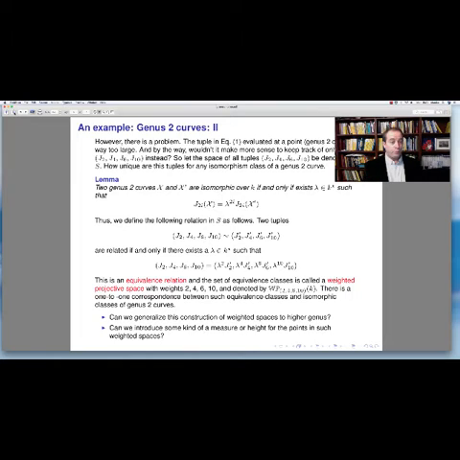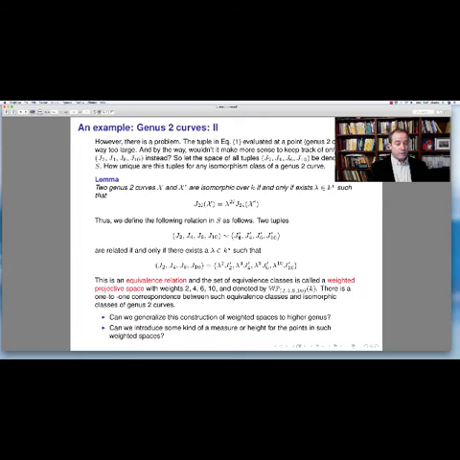Two curves of genus 2 are isomorphic if and only if the Igusa arithmetic invariants satisfy the following property for some lambda non-zero number. So basically we notice we can define a relation between tuples of invariants this way.